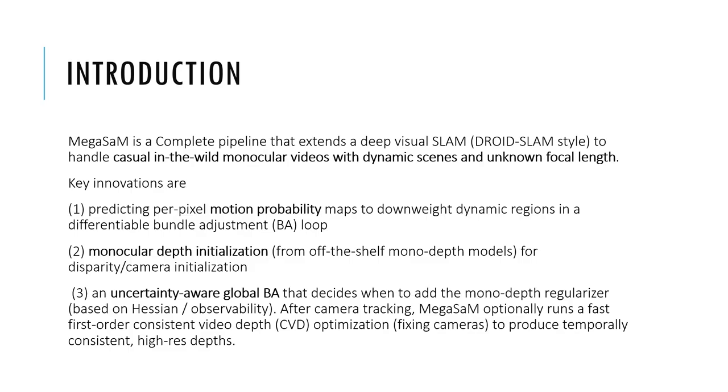Then there is monocular depth initialization for disparity or camera initialization, and an uncertainty-aware global BA that decides when to add the mono depth regularizer, based on the observability matrix. After camera tracking, MegaSaM optionally runs a fast first-order CVD optimization, consistent video depth optimization, by fixing cameras to produce temporally consistent high resolution videos.